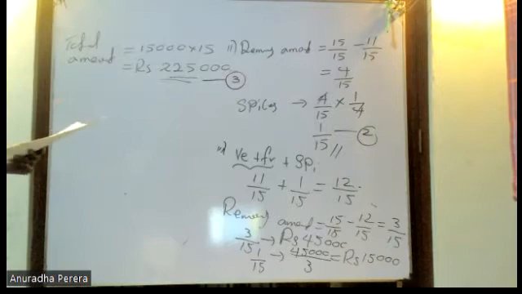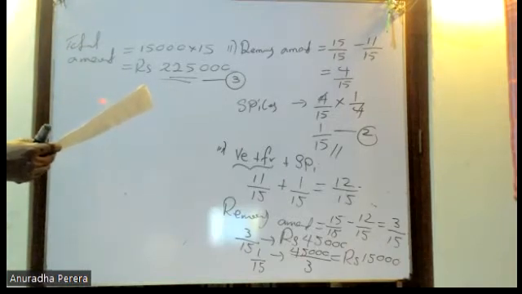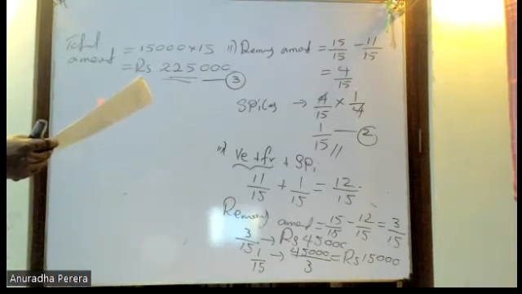Next one. It was proposed to add 2/5 of the amount that was allocated for the cultivation of fruits to the amount that was allocated for the cultivation of spices. Under this situation, what percentage of the total amount is allocated for the cultivation of spices?